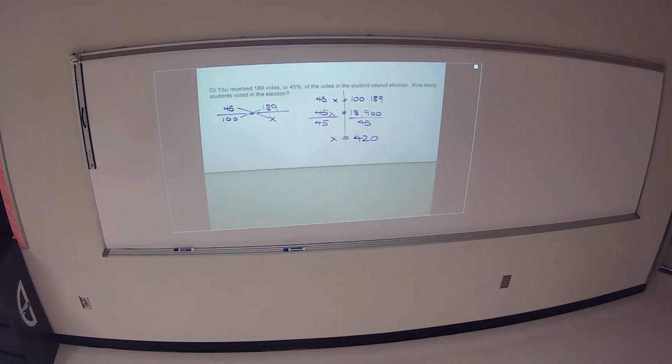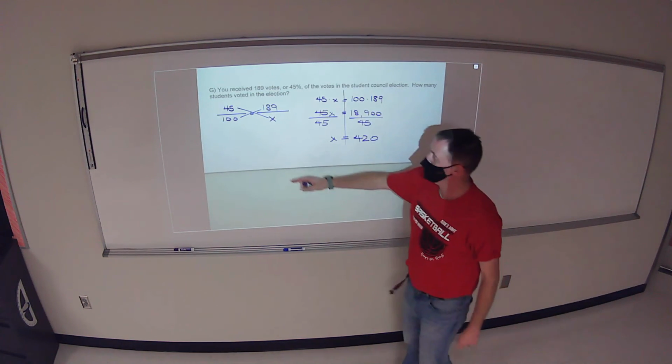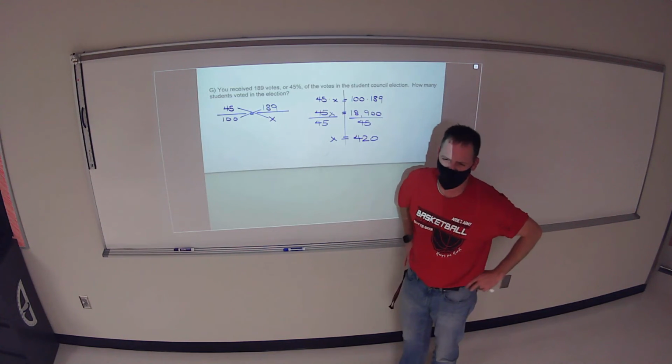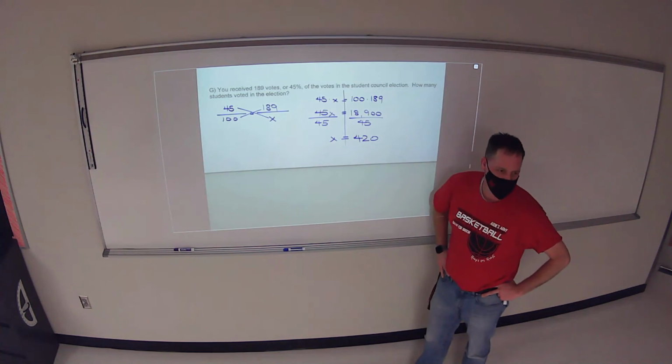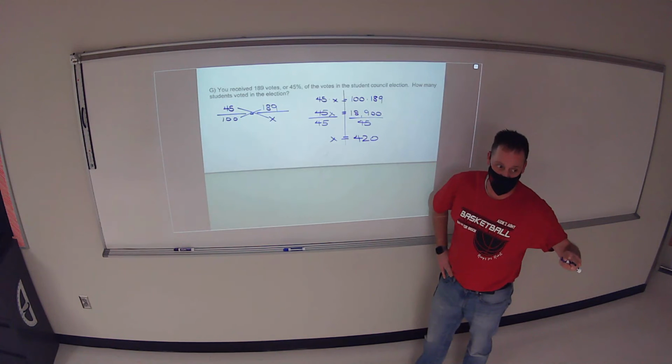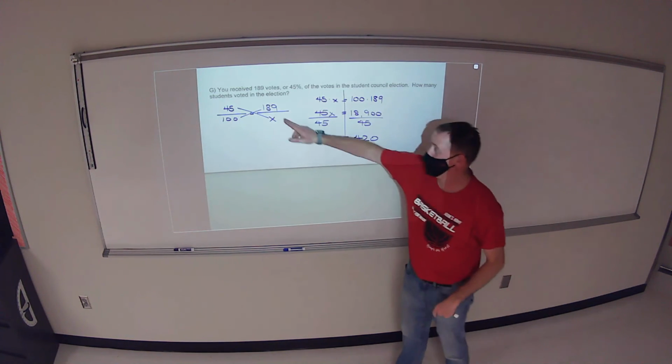Nope. Go back to the original proportion. Kane, what are we doing? Plug 420 into the variable and divide by 189 and multiply by 100. Say that again. Not divide by 189. You want to take 189 and divide by 420.